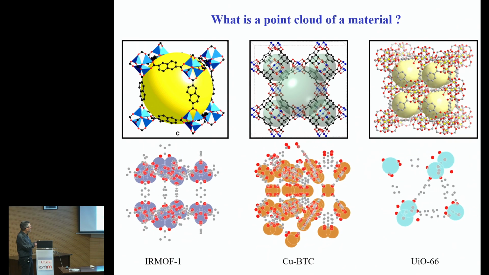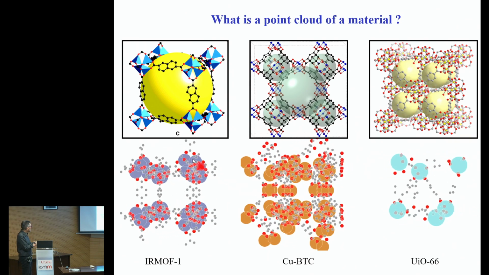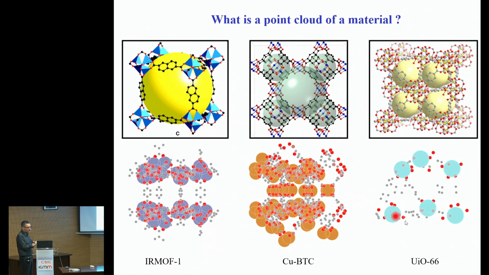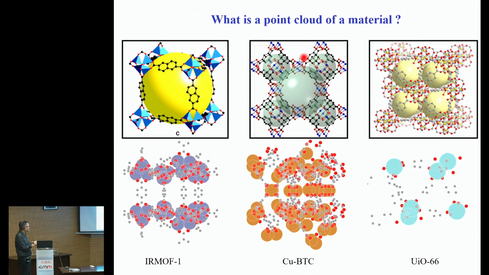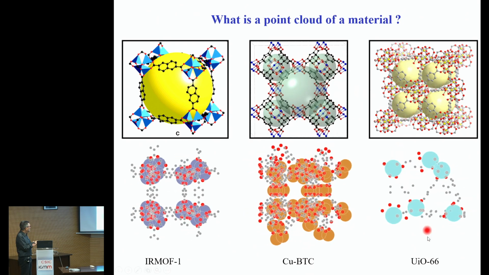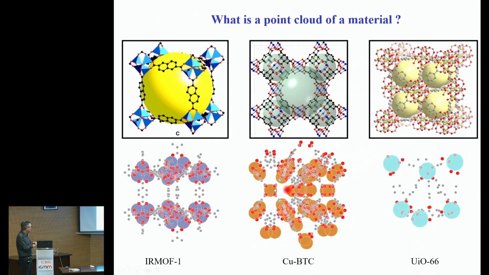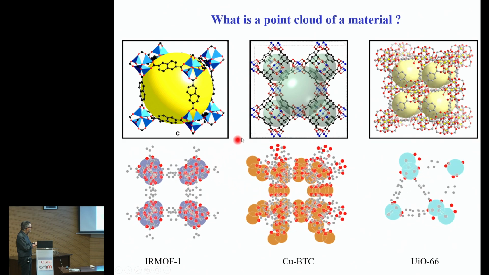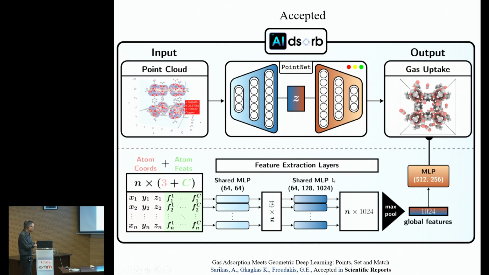You can see here 3 different MOFs, very famous ones: the IRMOF-1, the first that was synthesized by Omar Yaghi, this is HKUST-1 and UiO-66, and you can see here the point clouds.